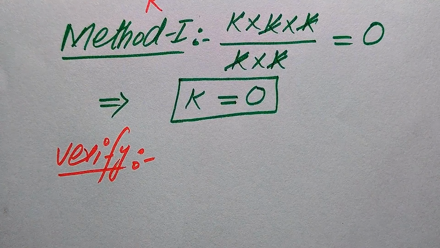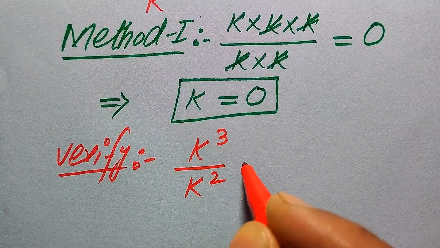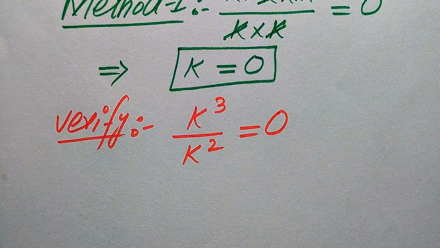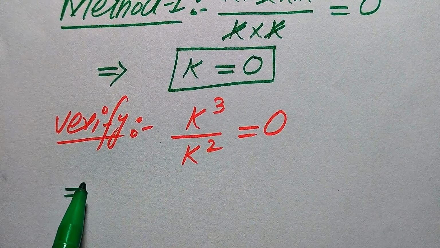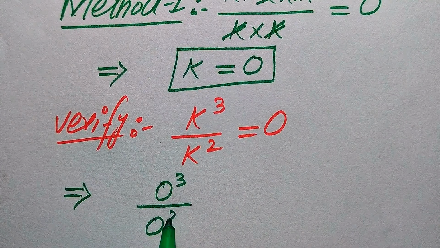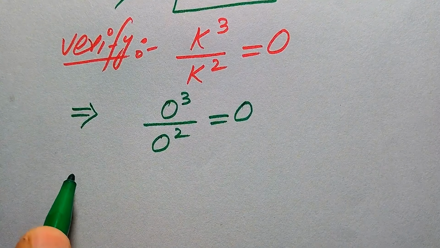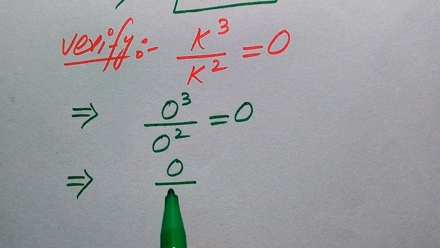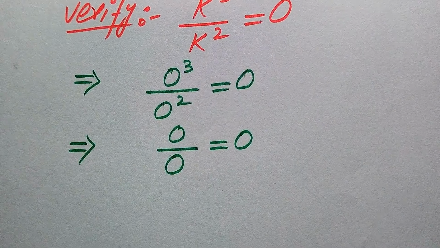For this, we copy down the given question statement: k cubed divided by k squared equals 0. On the left hand side we substitute k equals 0, and it becomes 0 cubed divided by 0 squared equals 0. Further, 0 cubed becomes 0 and 0 squared also becomes 0, and this whole equation equals 0.